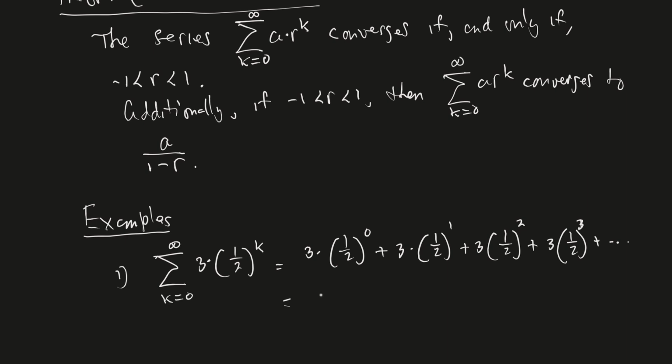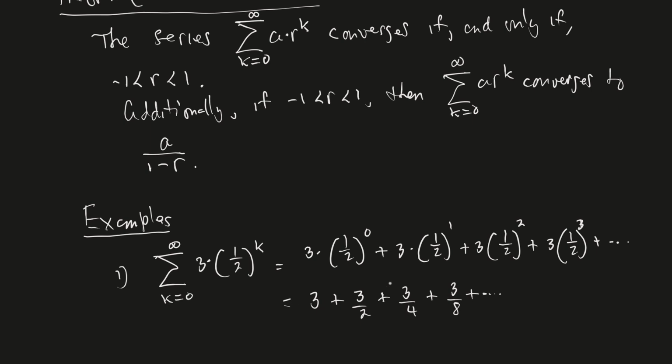We'll have 3 halves. Well, sorry, actually that's not 3 halves. That's just 3. So we have 3. The next term is 3 halves. The next term is 3/4, and then the next term is 3/8, and so on.